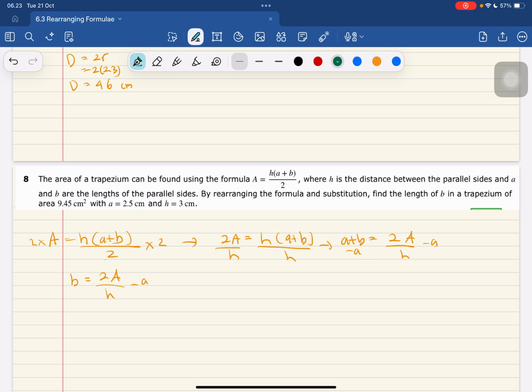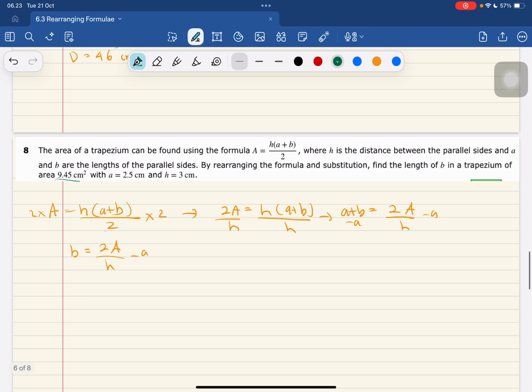So let us substitute it. The area is 9.45. So b equals 2 times 9.45, height is 3 and a is 2.5.